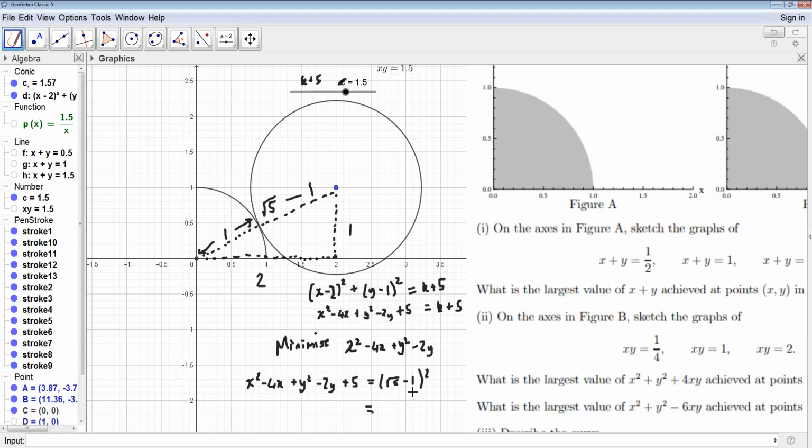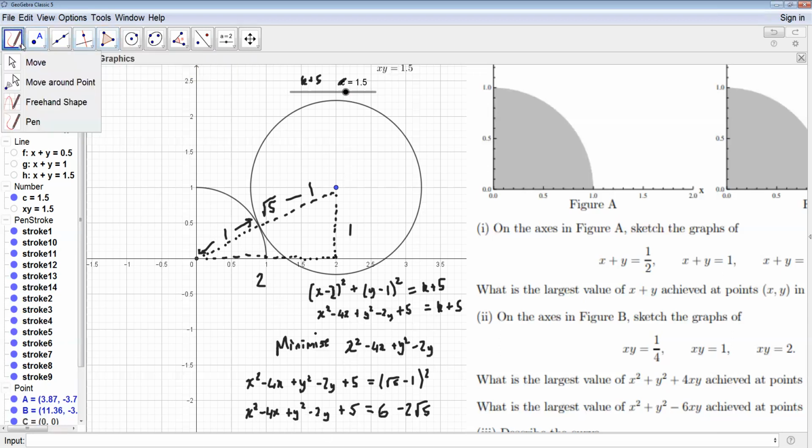If you work that out, that's going to give you 5 plus 1, which is 6, minus 2 root 5. Check that you understand why that is the case. And as I want to minimize this expression, and I don't want the plus 5, I need to take away 5 at the end.